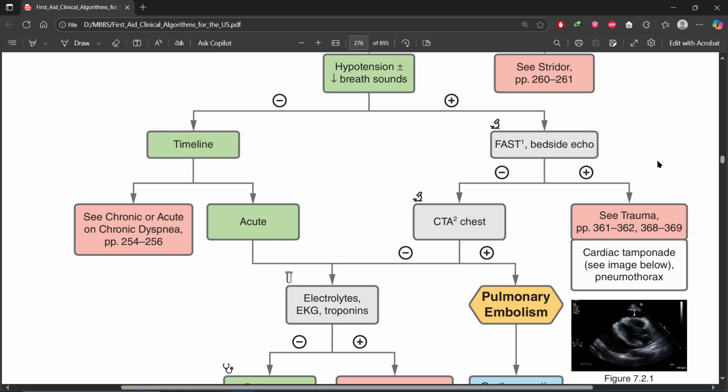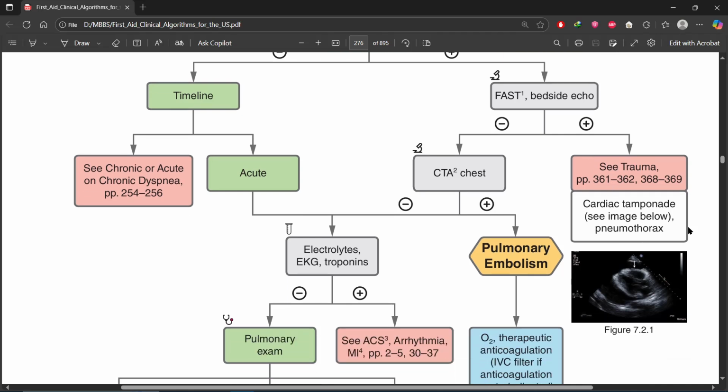The FAST exam is basically an ultrasound of the complete body, and it shows us any fluid in any cavity or third space of the body. Whereas bedside echo is specifically the ultrasound of the heart. If any of these are positive, we go towards the trauma pathway.